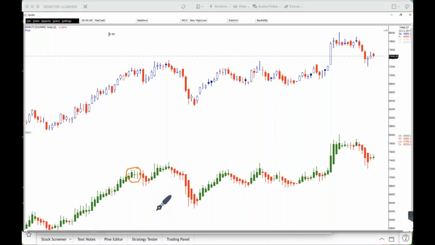But one thing you need to understand is that all the Japanese candlestick patterns that we discussed are not applicable to Heiken Ashi. So you will not find a hammer, a hanging man, a bullish or bearish harami, or engulfing. None of those patterns are applicable to Heiken Ashi. But we do find Heiken Ashi candles which are very similar to dojis, or very, very small-bodied with both the shadows.